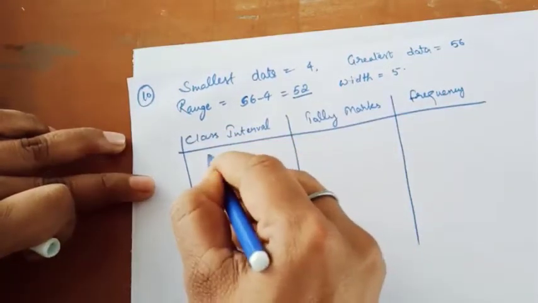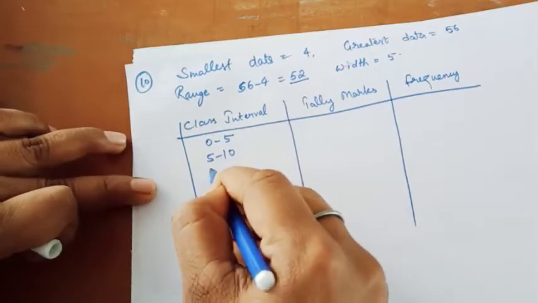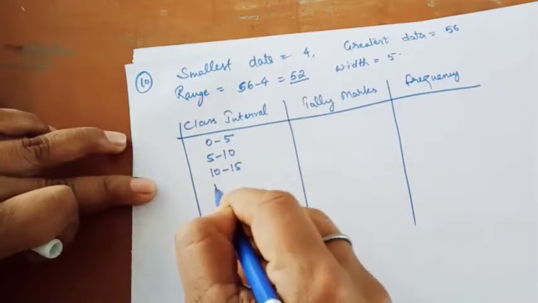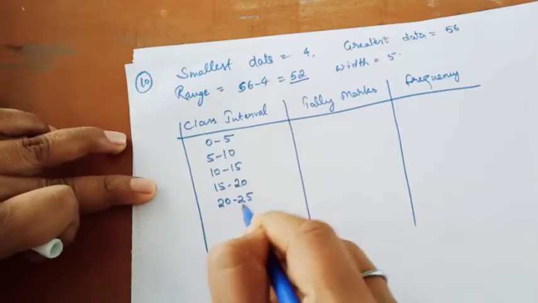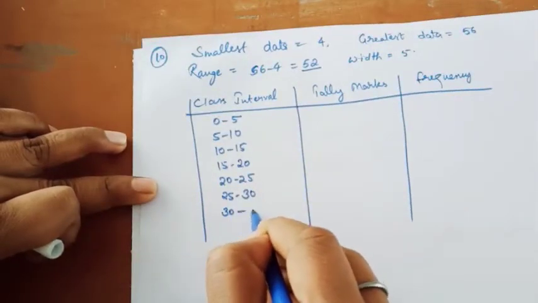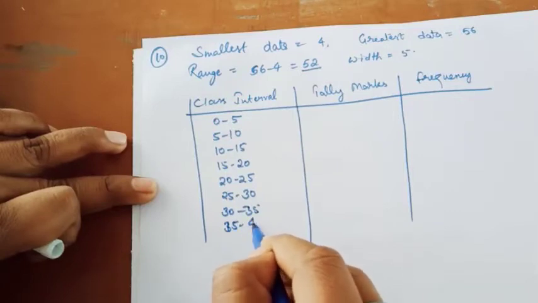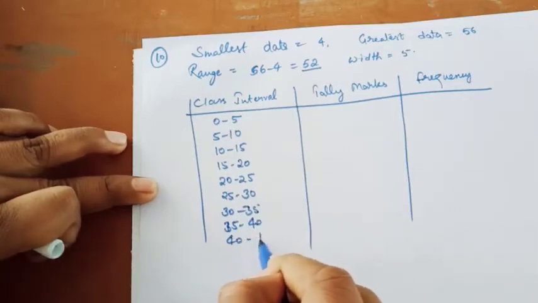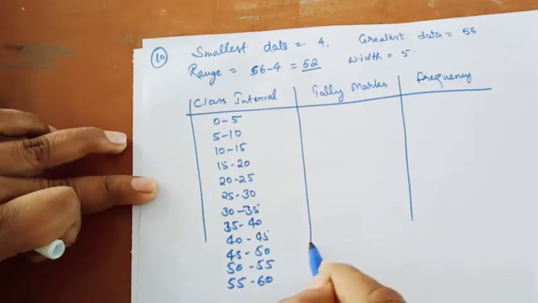First one is 0 to 5, next 5 to 10, 10 to 15, 15 to 20, 20 to 25, 25 to 30, 30 to 35, 35 to 40, 40 to 45, 45 to 50, 50 to 55, and 55 to 60.